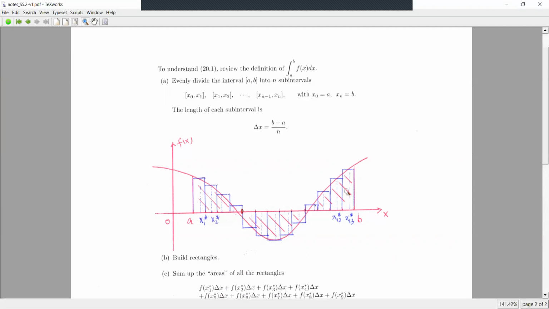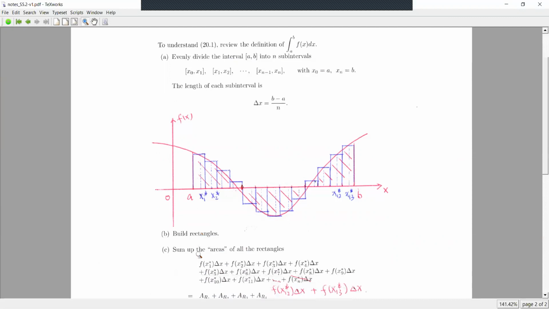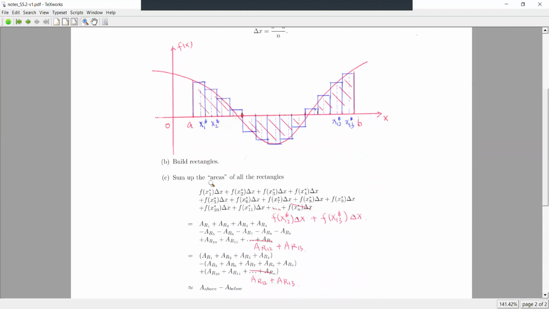Okay, now we have built the rectangles. Now, step 3. Sum up the areas of all the rectangles. First rectangle area: base delta x times height, function value at x1 star. Second rectangle, base times height, function value at x2 star.